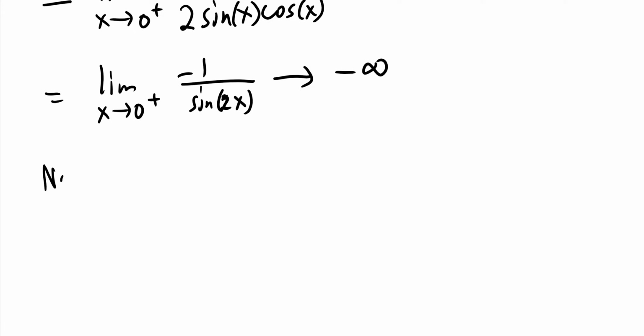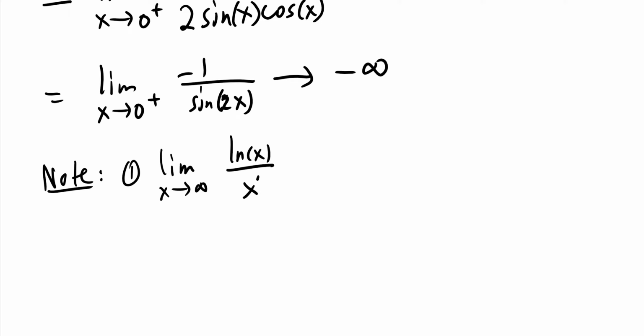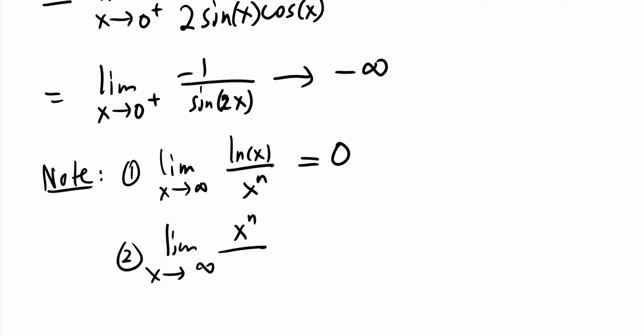Note to keep in mind, the first one: the limit as x approaches infinity of natural log of x over x to the n is always 0. The limit as x approaches infinity of x to the n over e to the x is also 0.